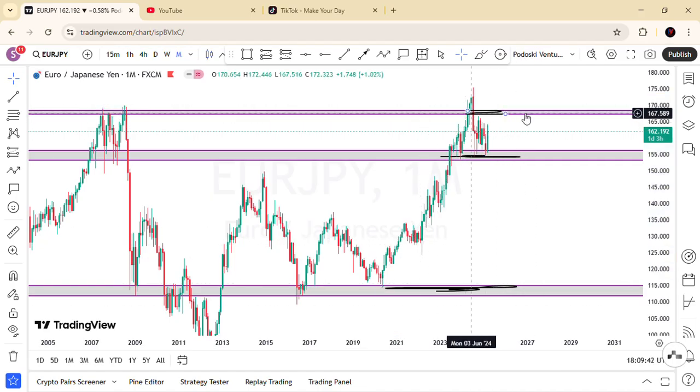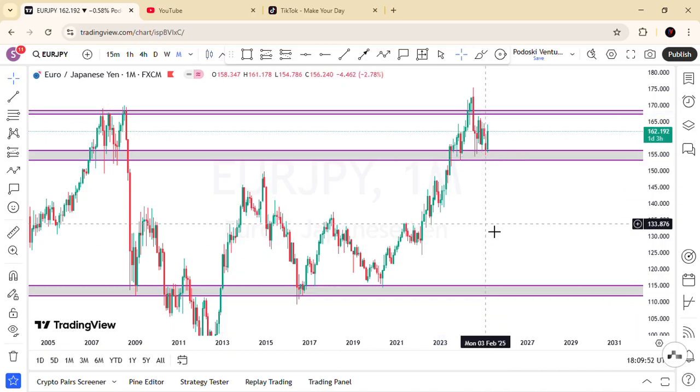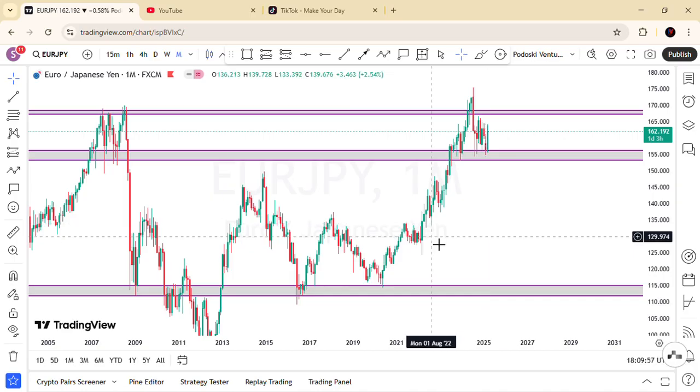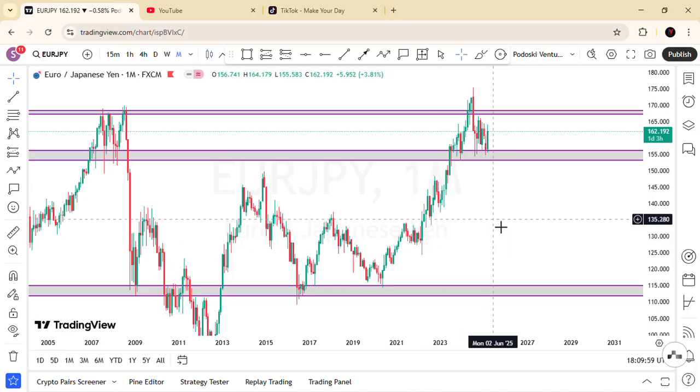So here's my monthly upper zone, midway zone, and monthly lower zone. On Euro JPY on the monthly time frame, we are looking for buying opportunities.